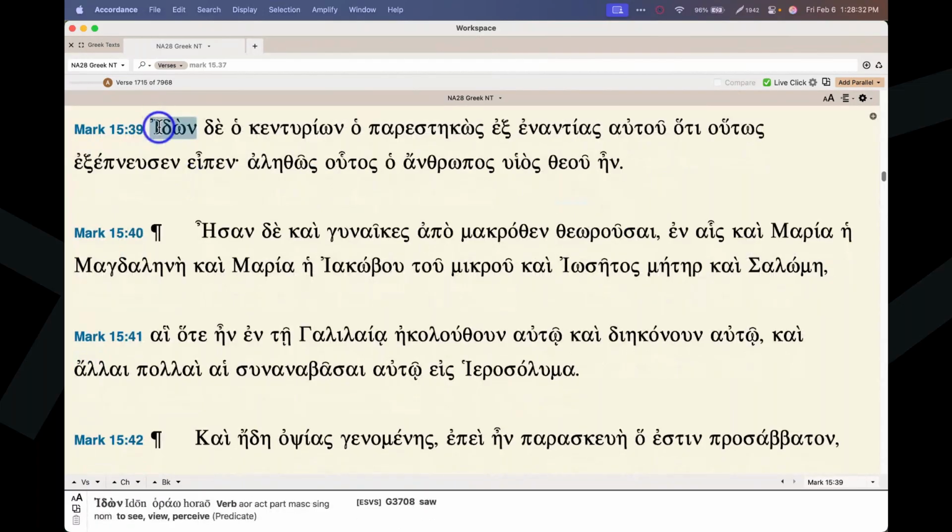But we've got seeing now the centurion who was standing, or who had been standing, opposite him or in front of him, seeing that, thus he breathed his last, same word as in 37. He said, truly, or in truth, truly, we want the adverb there, this man, the Son of God, was.